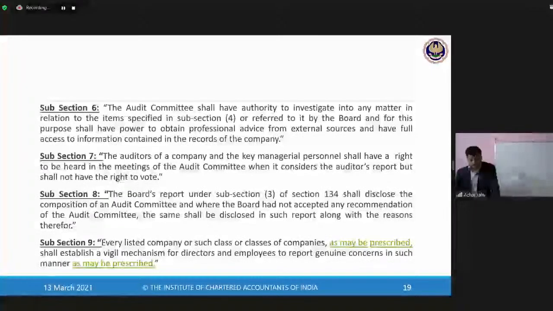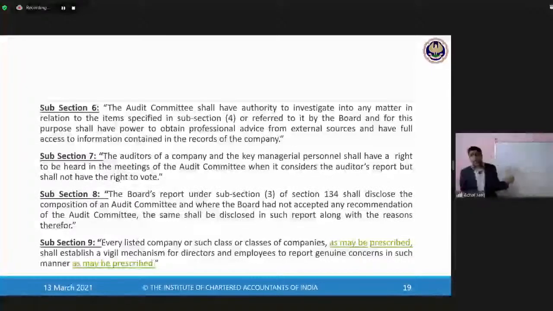Audit committee shall have an authority to investigate into any matter in relation to the items which are specified in subsection 4 or referred to it by the board, or for this purpose shall have power to obtain professional advice from the external sources and have full access to the information contained in the records of the company.